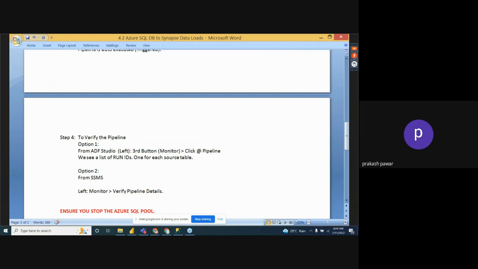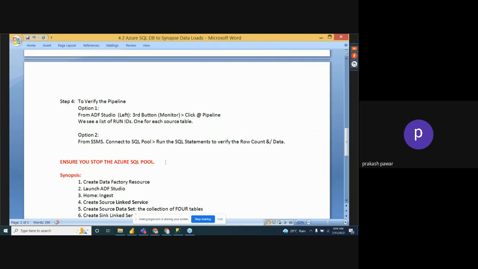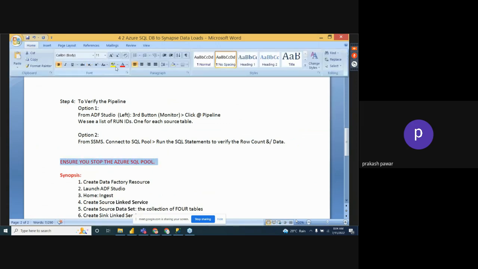From SSMS, connect to SQL pool and run the SQL statements to verify the row count and or data. So for today, make sure you practice all the items carefully and ensure you stop the Azure SQL pool.